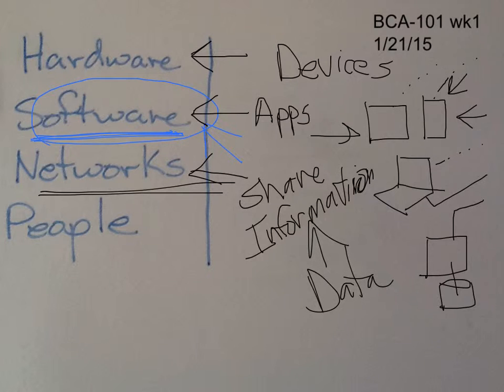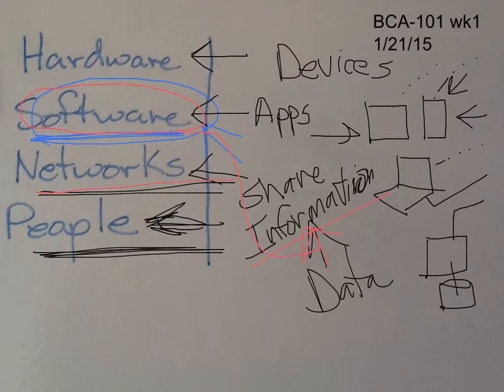So we take data, and we use software to convert the data into something that has meaning to us. We're able to share that via networks. They allow us to get information from one location and use it in another. And then finally, the last thing here that we list are people. People create networks, people write software, people develop hardware.